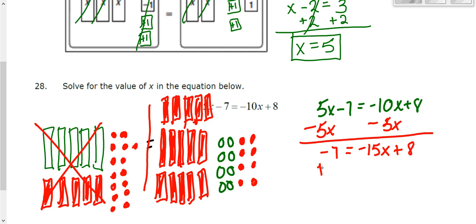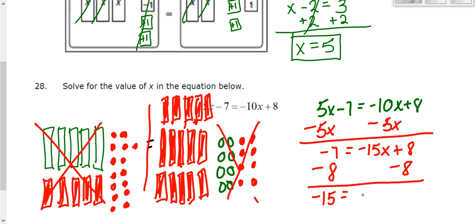I've added 8 negatives here and 8 negatives here. So I added 8 negatives to the negative 7. Now I have negative 15. And by adding 8 negatives on the right side, they've canceled out. All I have left is negative 15x.